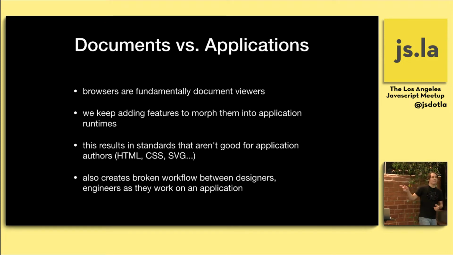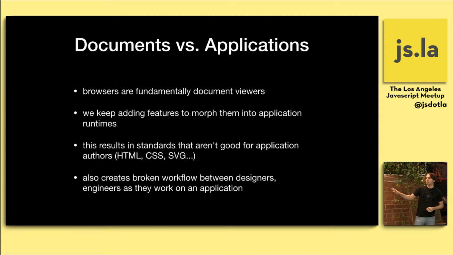So the result of all of this morphing from a document to an application model has produced standards that really aren't good for application authors. React basically gets you around DOM issues. There's tons of libraries that'll wrap CSS, so you don't have to touch CSS yourself.